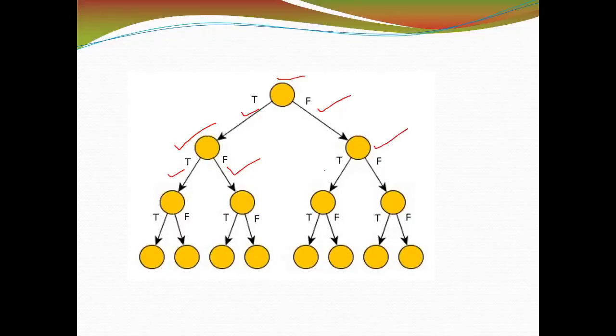In that again you have a true part and false part. When you execute the true part again, in that you again have a true part and false part. When you execute the false part, in that you again have a true part and false part. So these are the various paths of a conditional statement. All possible paths have to be tested at least once. So you can see this in the form of a truth table.